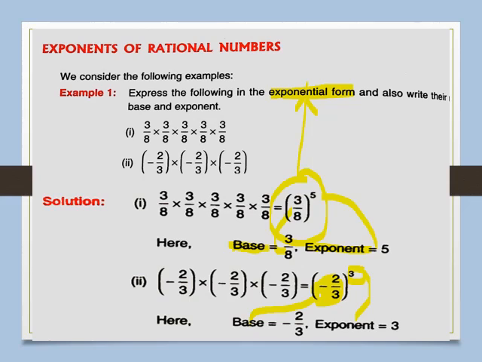So here the exponent is 3, and the base is minus 2 upon 3. So this type of writing the number is called the exponential form of a number.